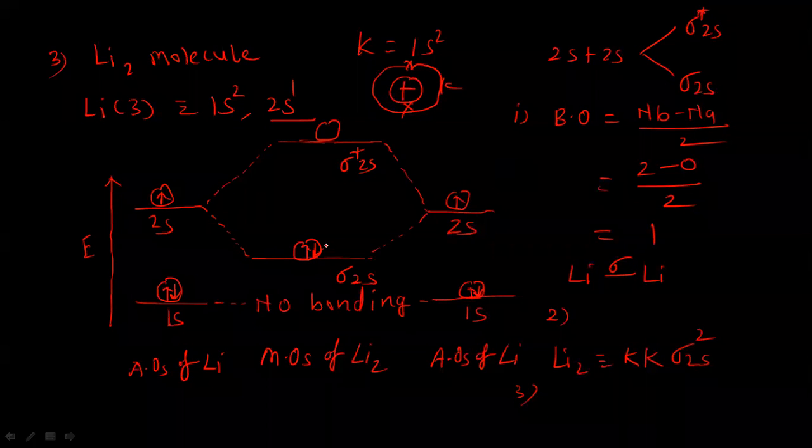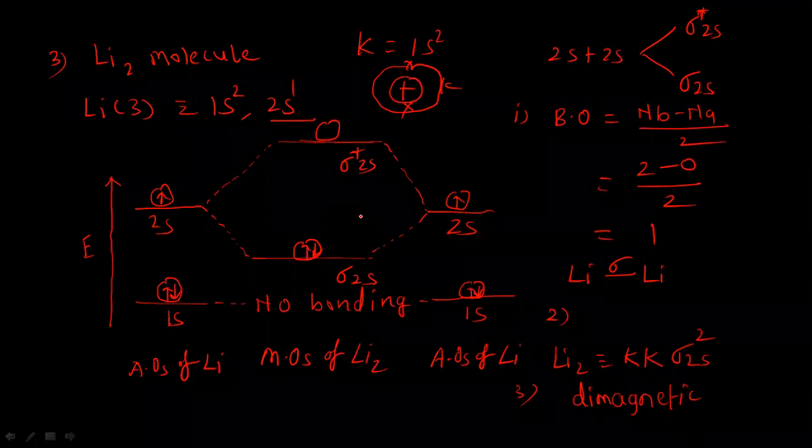As the diagram shows, all the electrons are paired, no electron is unpaired here. Everywhere there are paired electrons. So the lithium molecule is a diamagnetic molecule.